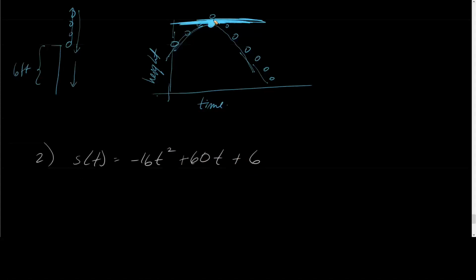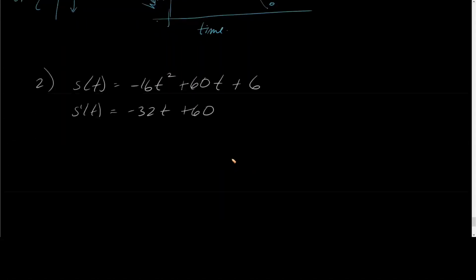If I want to find that value, what I need to find is s prime of t, which we already know. It's negative 32t plus 60. This 6 goes away because I'm taking the derivative. And at that point, we have to set this equal to 0 and solve for t.